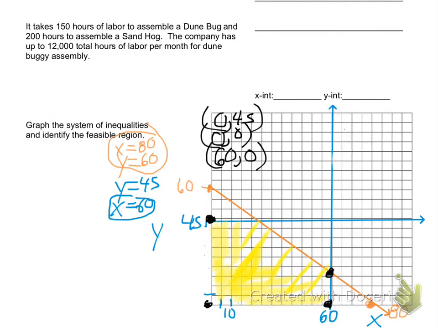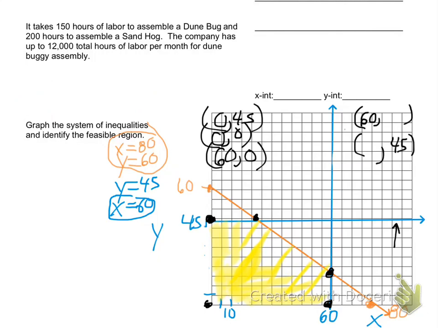We've got 60, comma some number, right? And finally, the last vertex is this guy right here, and that occurs when y is equal to 45 because this horizontal line is y equals 45.